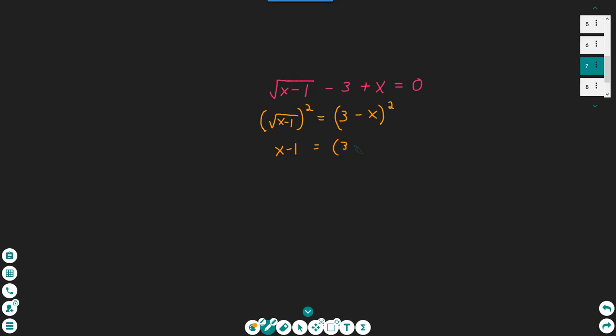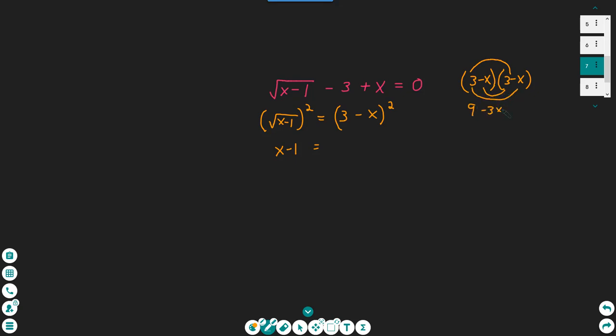To simplify that, we'll have to use the FOIL method, or you might be able to do this in your head at this point. But let's just go ahead and do it over here so that everybody can see it. We have 3 minus x being multiplied by 3 minus x, right? And we'll use our FOIL. The first, 3 times 3, is 9. The outside is negative 3x.